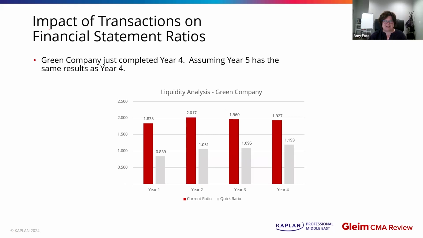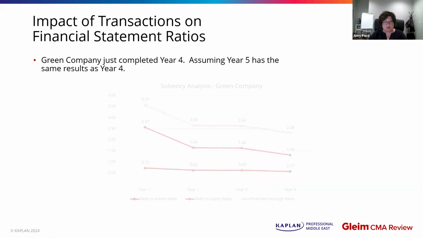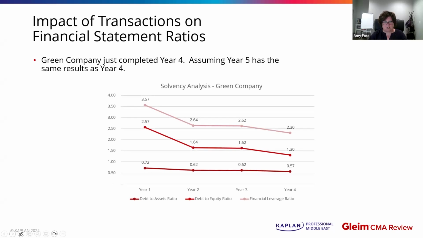But notice how my topic is the impact of transactions. Not only does an accountant and finance professional need to be able to calculate ratios, they need to be able to make decisions and analyze information about the future. This is also the solvency analysis, which I wanted to show you as a line chart.